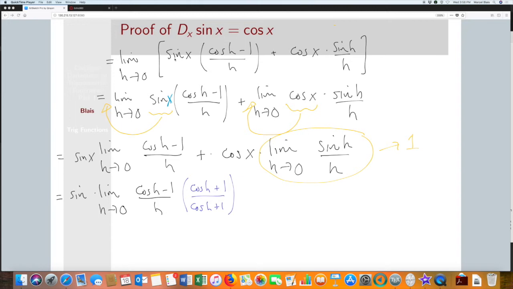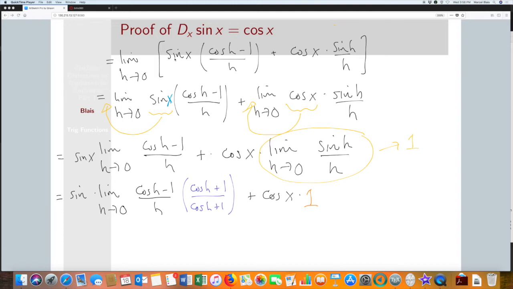Our second term here is just plus cosine of x times that 1 that we just calculated. And we can now concentrate on evaluating this limit. We know the answer is going to come out to cosine of x, so we hope this limit turns out to be 0. And it will, in fact, do so.